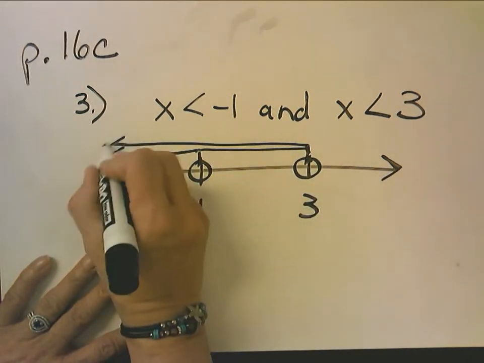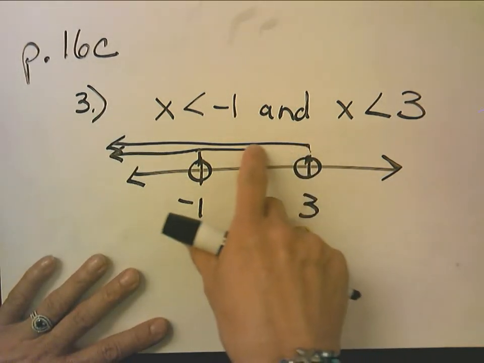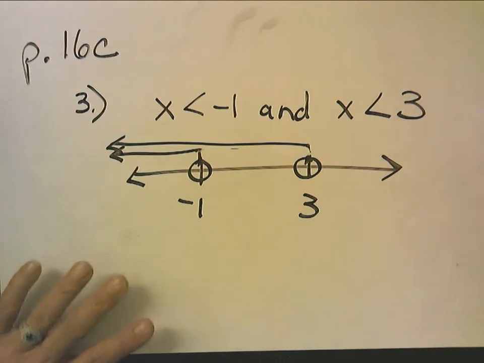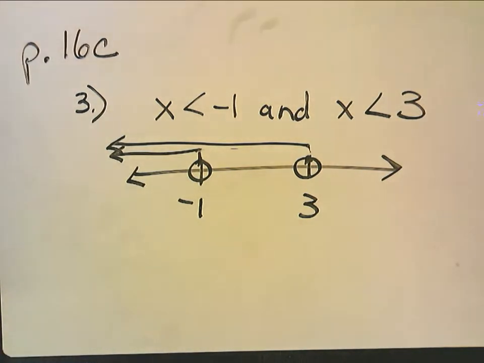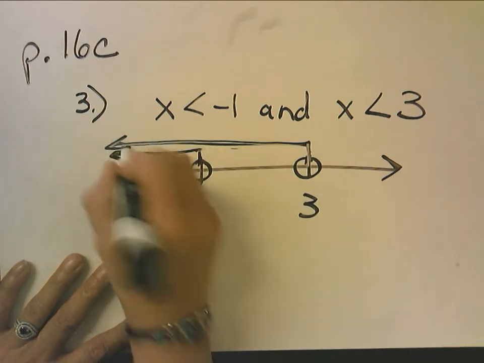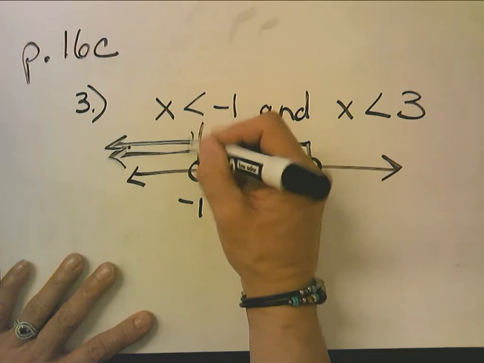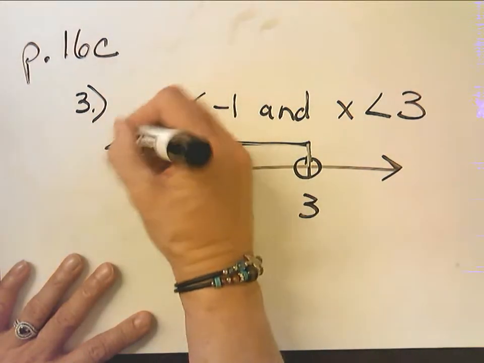Well, here, if I draw the line like that, it makes it more obvious to see where they overlap. If it's less than 3, it goes there. If it's less than -1, it starts there. Here, this is where they overlap.